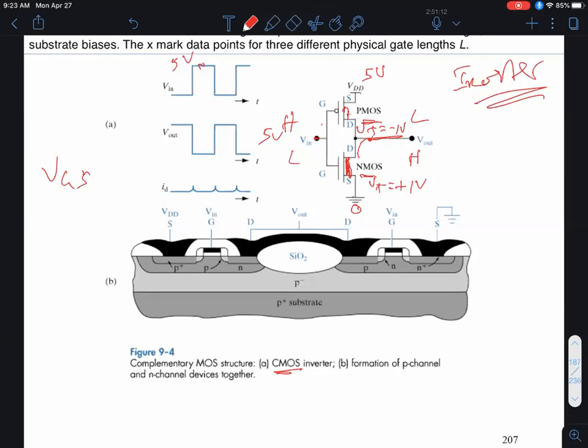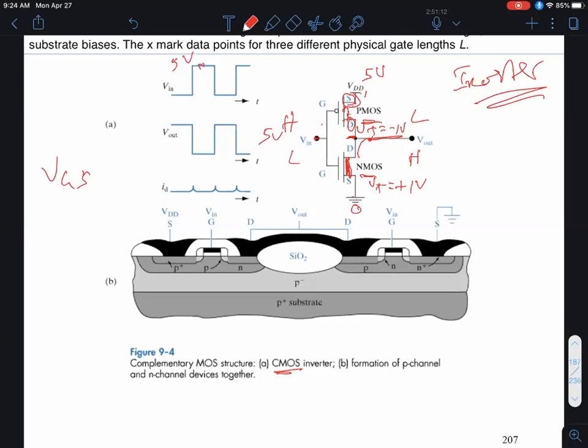For the PMOS, it's a little bit trickier. For the PMOS, it's really the source that is connected to VDD. I call that the source because that's a voltage that does not change during circuit operation. The other terminal, the voltage changes between 0 and 5 volts during digital logic, so that's what I'm adjusting, and that is the drain.